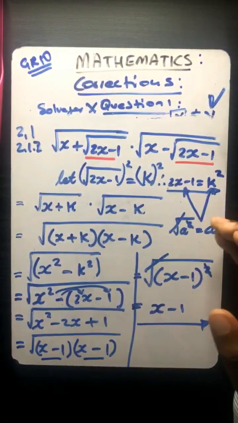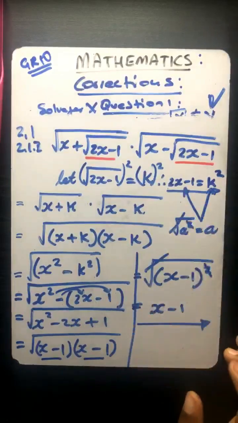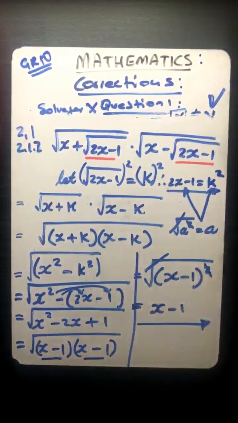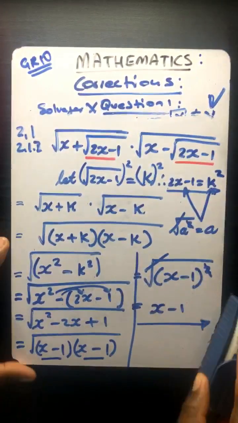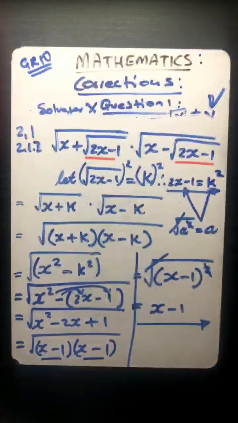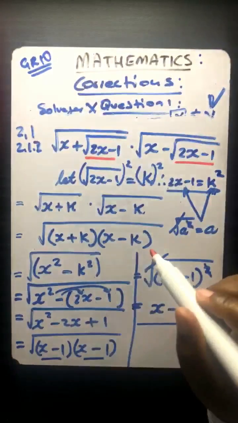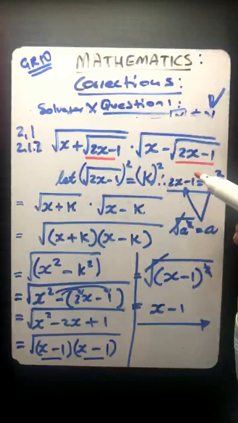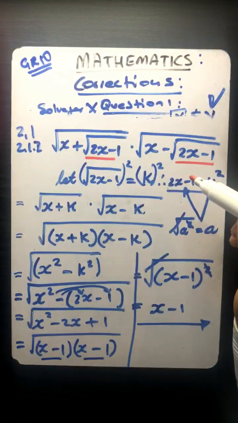But we've just done it and it was easy in grade 12. You also need to do this type of problems that you left in grade 11 so that you are exposed. Maybe I will just do that other one which might look a bit difficult. I'll skip those two, then we'll be done with our corrections.